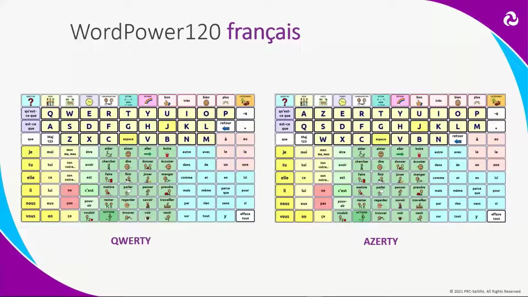There may be, we're kind of talking about, there may be more of a Parisian version, but right now it's really Canadian. The first version I did in French was 120 locations. The only real difference between the QWERTY and AZERTY is that in France, they often use an AZERTY file instead of QWERTY.